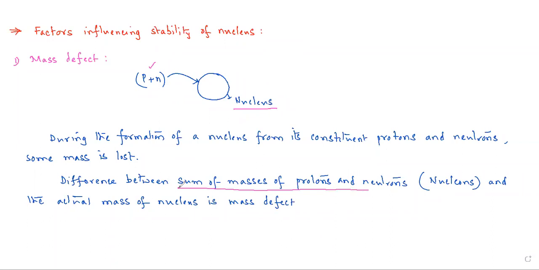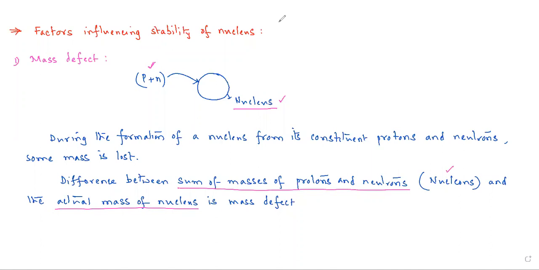The sum of the masses of protons and neutrons, or that of nucleons, will always be greater than the actual mass of the nucleus. Because as I said, during the formation of a nucleus from its constituent protons and neutrons, some mass is lost, of course, in the form of energy.